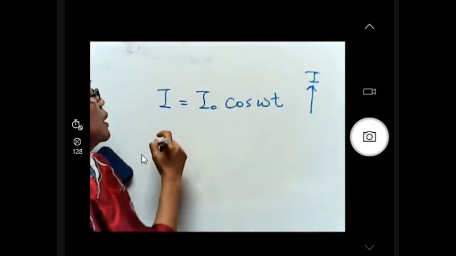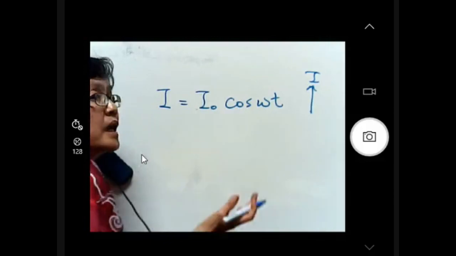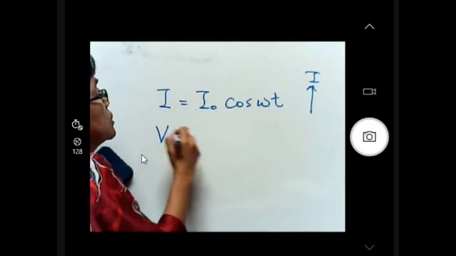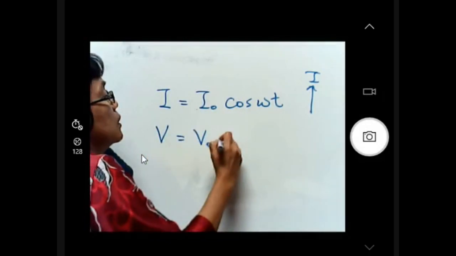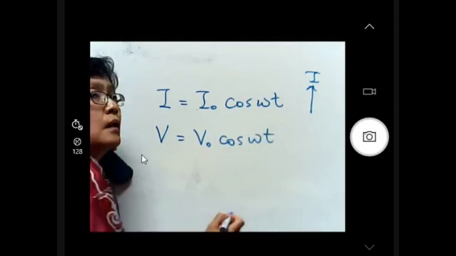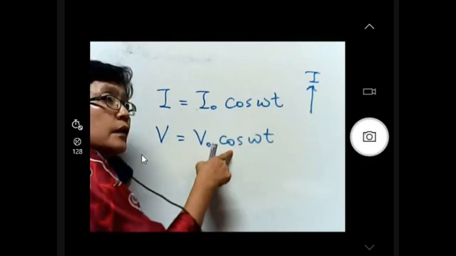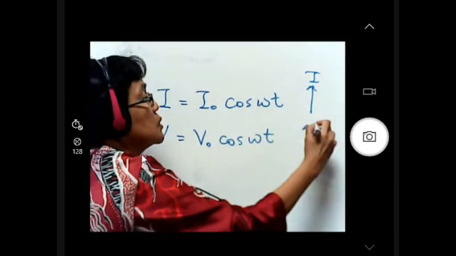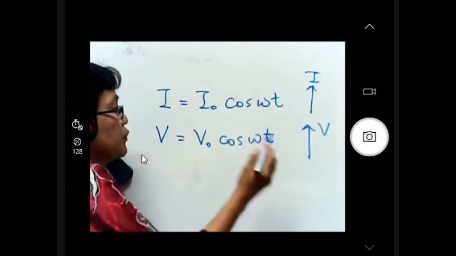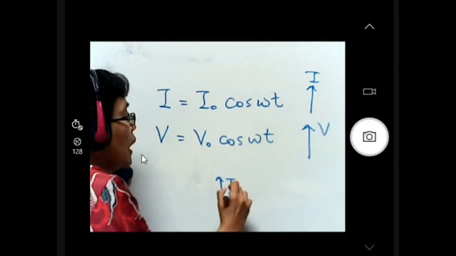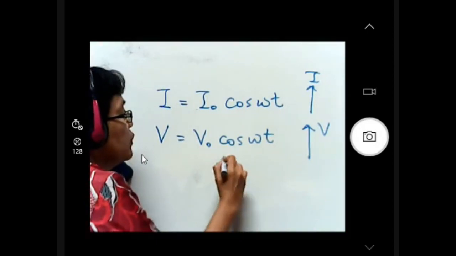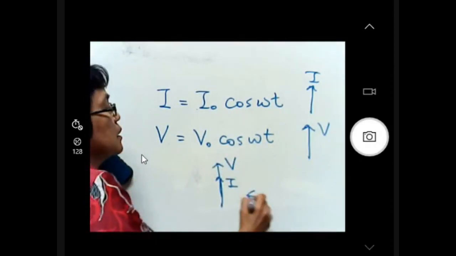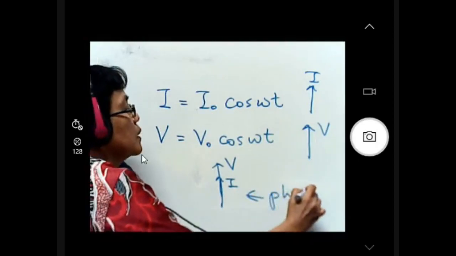Then I know current and voltage are in phase. That means definitely the equation for V will be V naught cos omega t. So if it is a cos graph, then my voltage position will always also be here. So if I combine, that means I have I and then my V. So this is a phasor diagram for current and voltage.